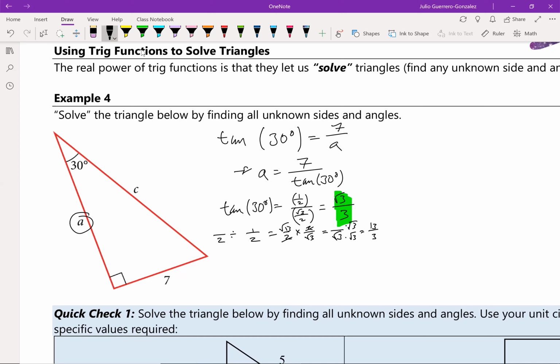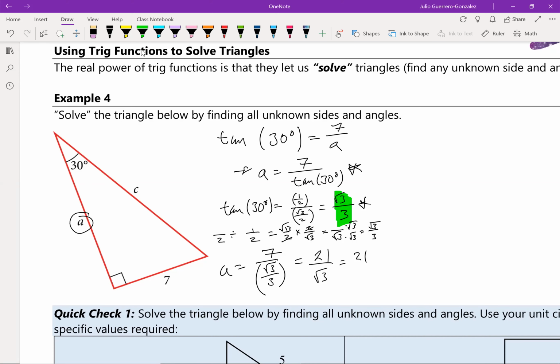I put square root of 3, square root of 3. There we go. Okay. The reason why I did this is because now I can use it in A. So then A is equal to 7 divided by square root of 3 over 3, which is equivalent to 21 over root 3, which is 21.